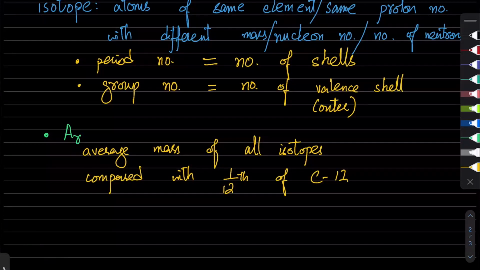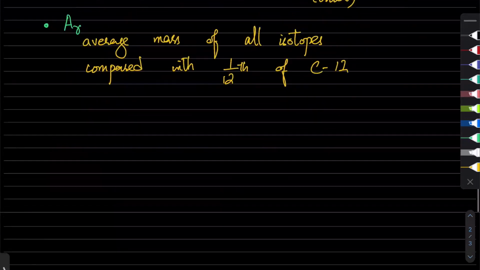So now, how do you find AR? That calculation is important. What the examiner does is they give you a couple of isotopes. So for example, here's a question.